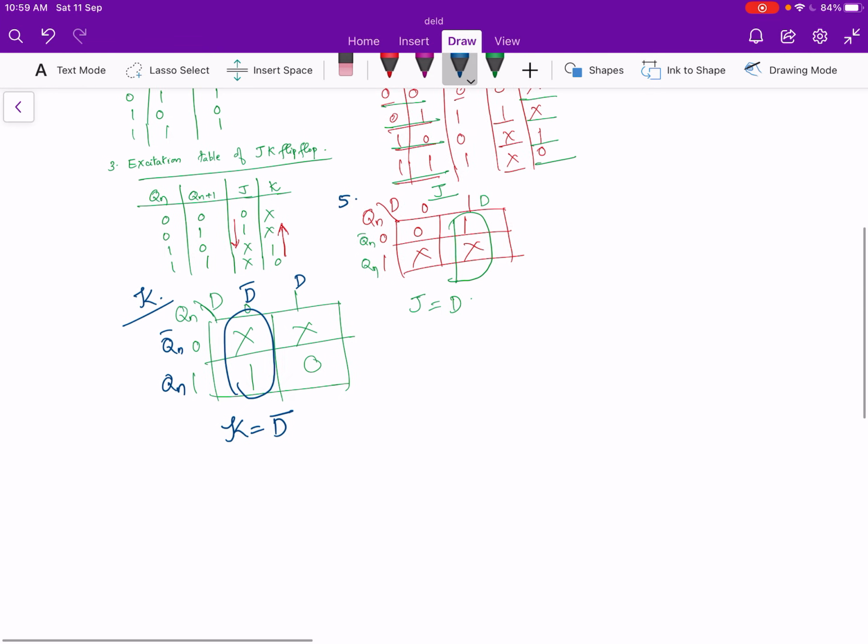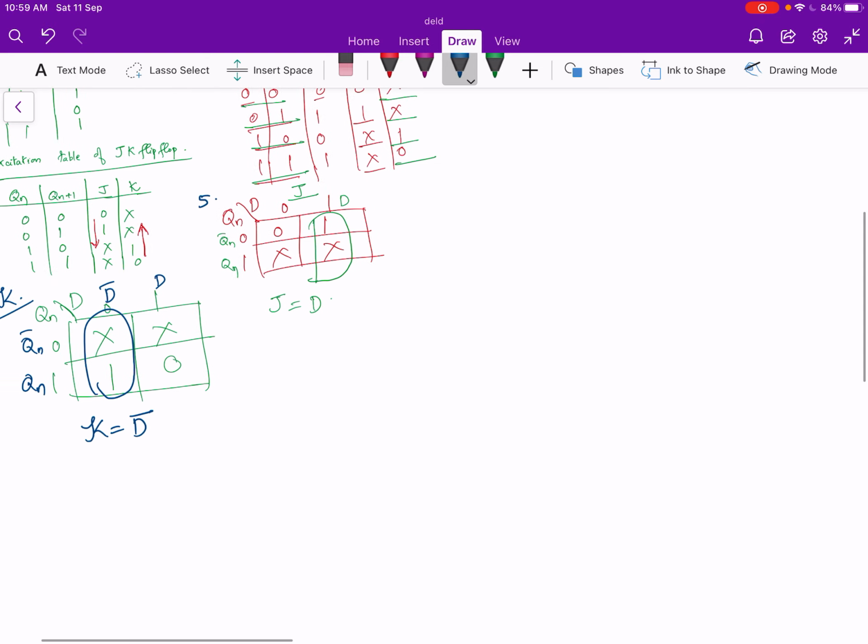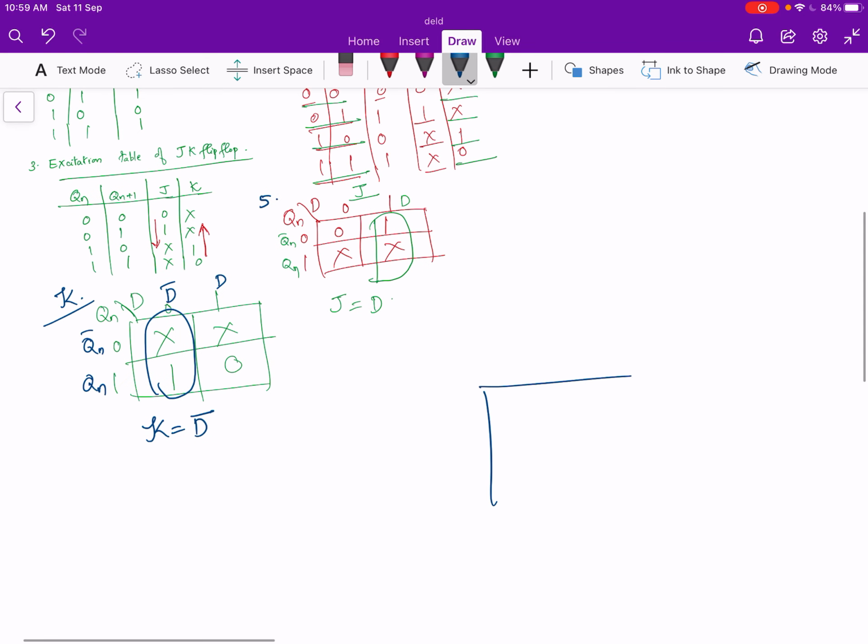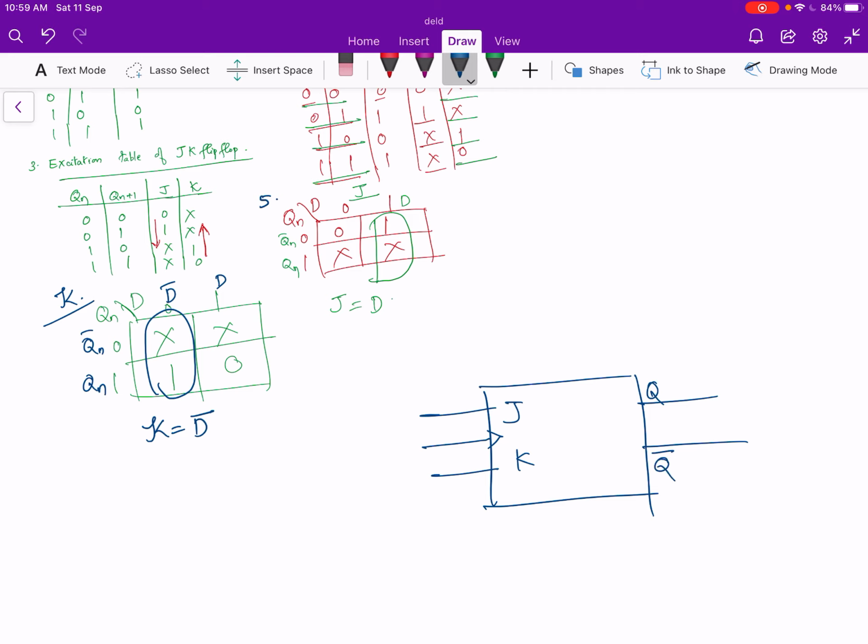So now we can draw the JK flip-flop. We have to convert JK flip-flop to D flip-flop. So we have drawn the JK flip-flop and the outputs are Q and Q bar. Now we have got J equal to D and K equal to D bar. This is the conversion logic.